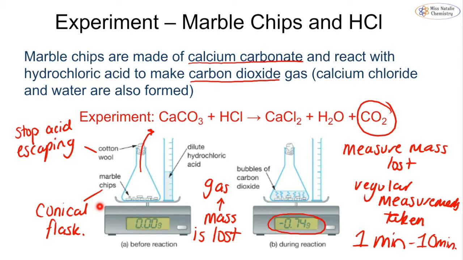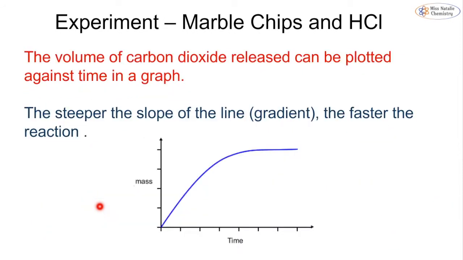But what's important is that we take a note of the mass every minute or every 30 seconds for a specific amount of time. Now, when we do get these results, then we can plot a volume of the carbon dioxide being released against the time. So this is going to be our volume of CO2 that is being formed, and this is going to be our time.